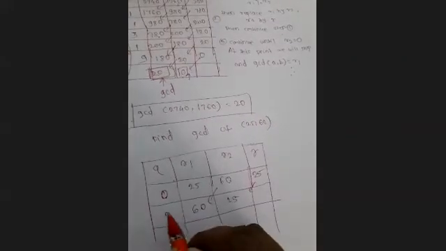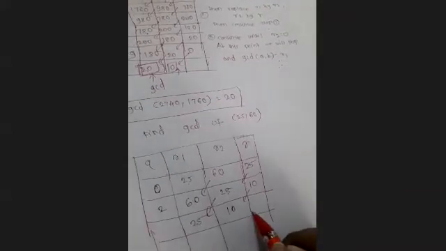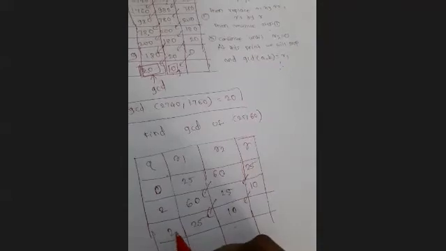Now here 25 to the 50, the remaining value will be 10. Now 10 we are going to write here, 25 we are going to write here. Here we can divide it by 2. The remaining value will be 5.